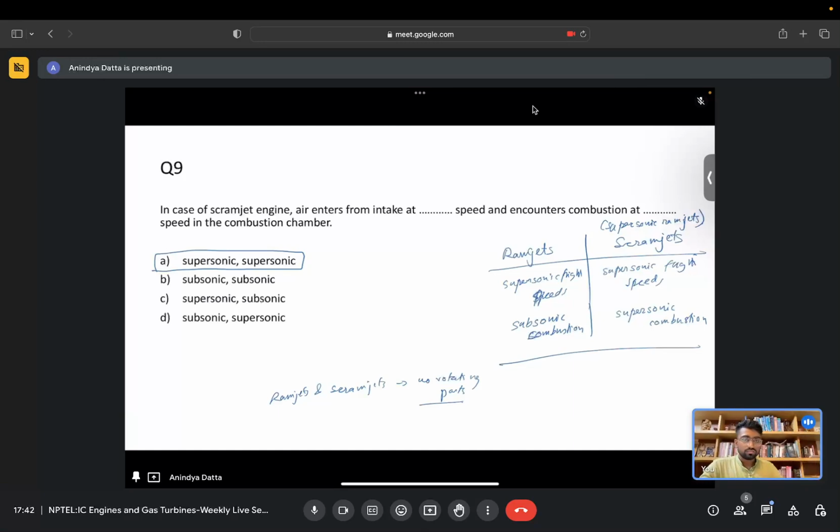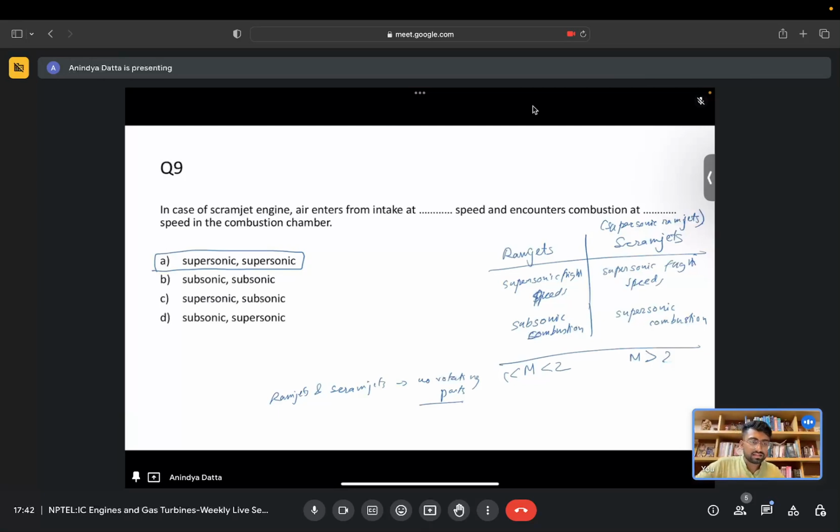And in scramjets the flight speed is still higher, so the inflow Mach number is generally greater than 2, while in ramjets it is mostly less than 2. So let's say in ramjets the inflow Mach number is less than 2, and in scramjets it is greater than 2.